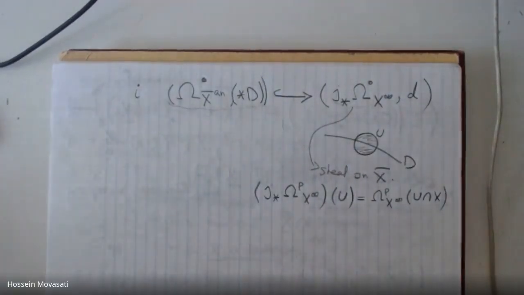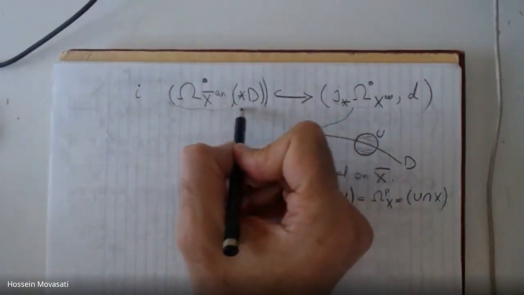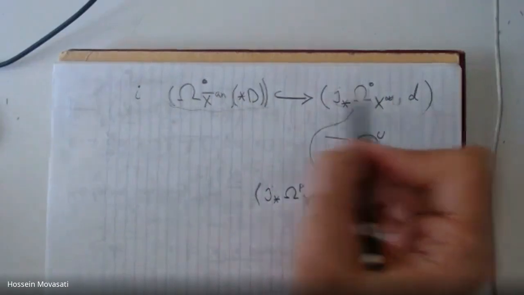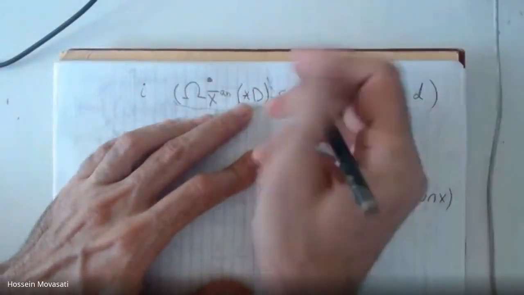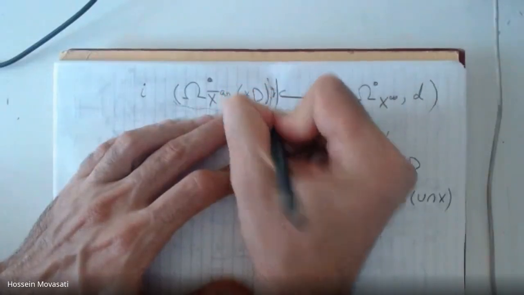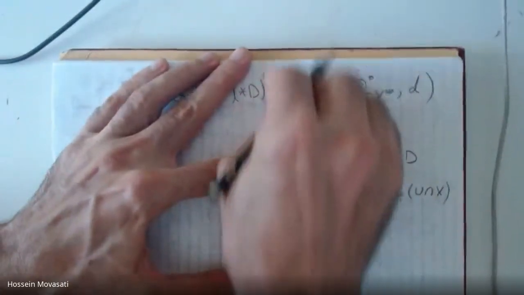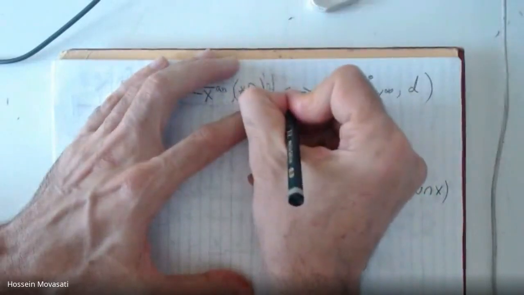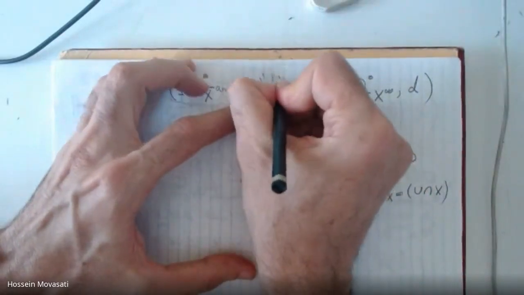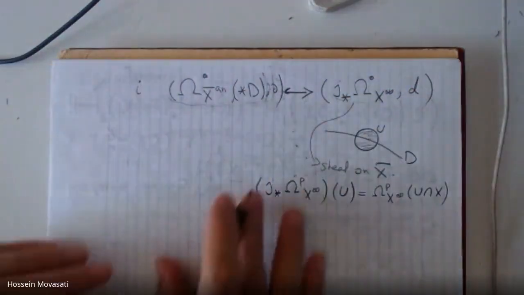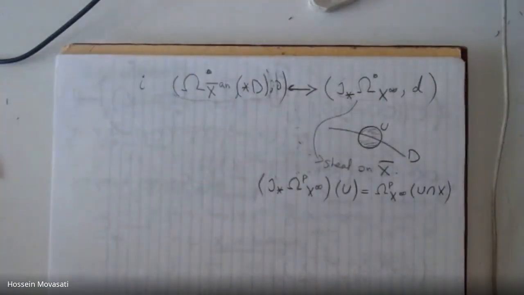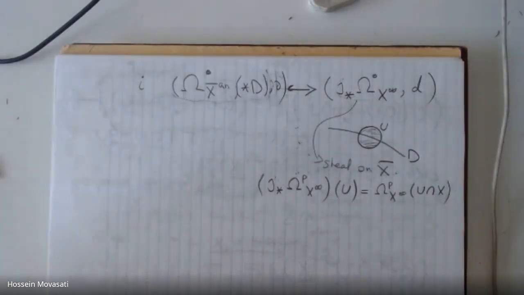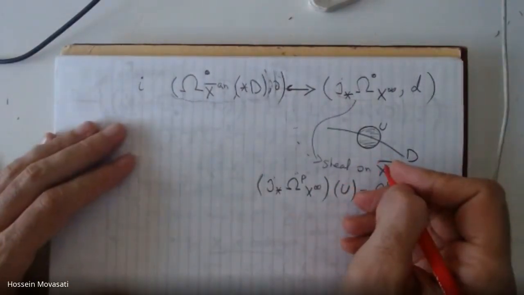Something that is not really difficult: first of all, this is a kind of morphism of complexes, something that comes directly from the definition.